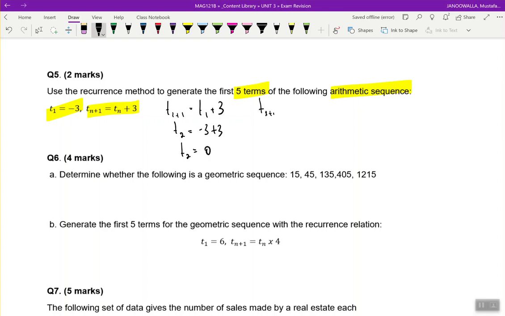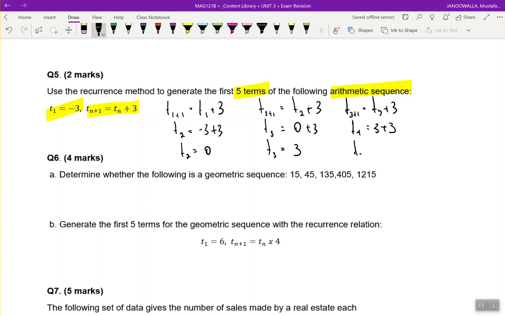Then term 3 is term 2 plus 3, that's 0 plus 3, term 3 is 3, and so on. Term 4 is term 3 plus 3, basically going up by 3s. And if you follow this whole process, you'll get the first 5 terms.